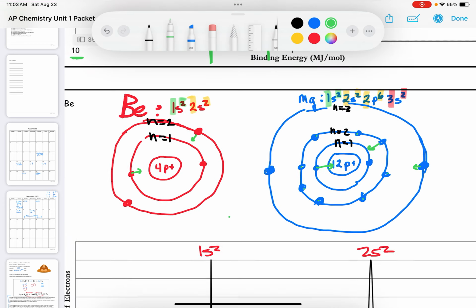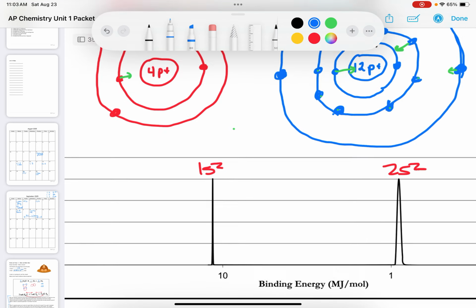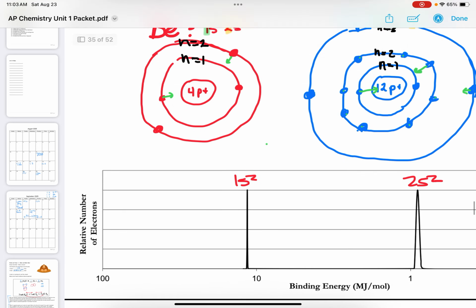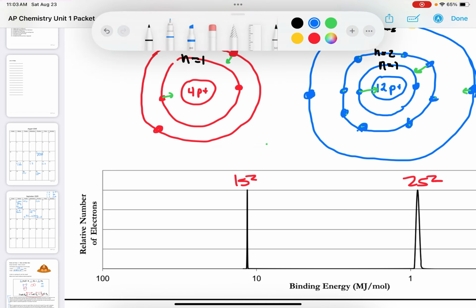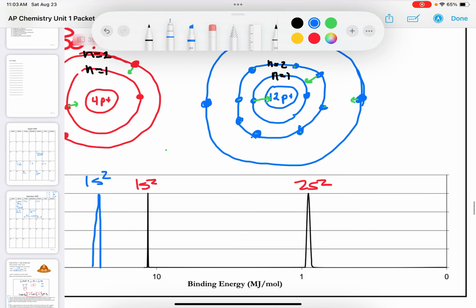So what we see is that when I draw these peaks for the beryllium, okay, that my first 1s is going to be closer to the nucleus, closer to that higher binding energy. Like there's my 1s2, okay? And then we have the second energy level, which contains 2 peaks here.